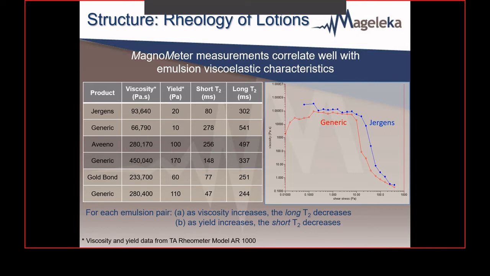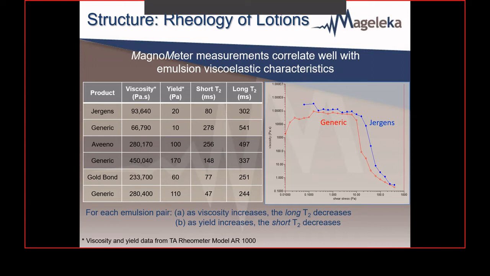Now, what I'm showing here are 3 pairs of different cosmetic lotions. Each pair, Jergens, was compared with its generic equivalent, Aveeno with a generic equivalent, Gold Bond with a generic equivalent itself. Although the 3 brand name products are all lotions, they each have been formulated differently.